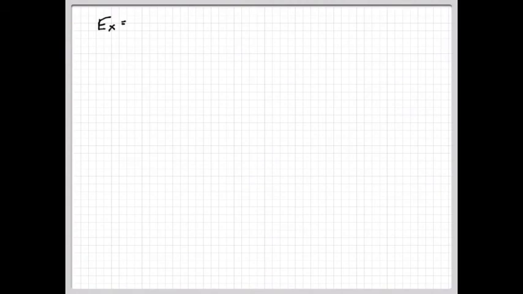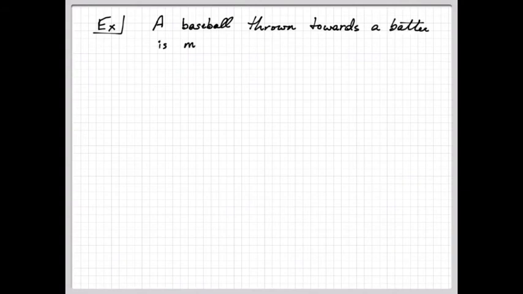Okay, so we'll do a little baseball example here. A baseball, we'll say, is thrown towards a batter, and it's moving at 42 meters per second.